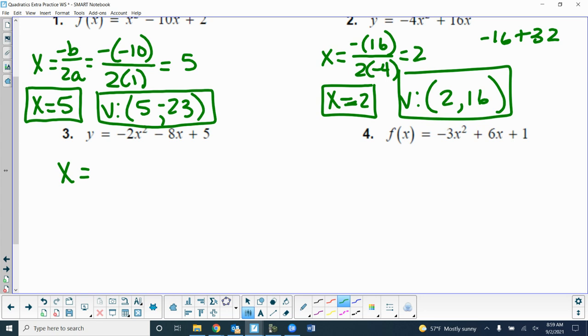You don't have to tell me what to do. What's your answer? Good. What's your vertex? You guys agree with him? Everybody got 29? Let's check it. Not everybody's agreeing, so let's check.